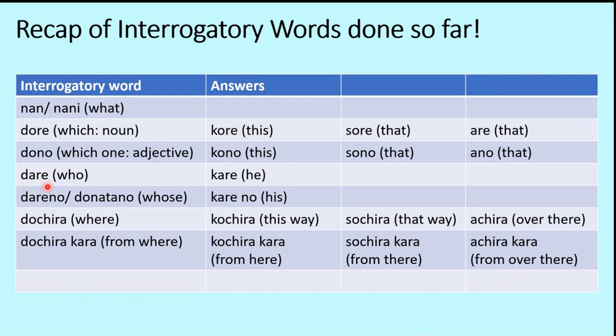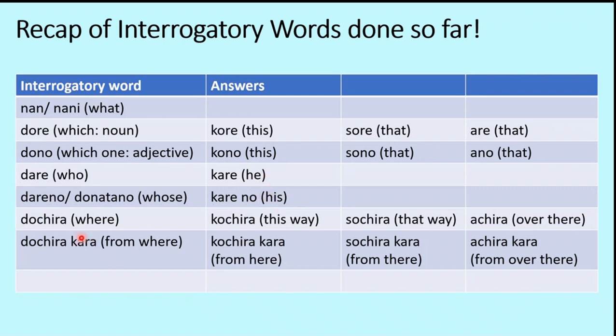Dare is used to ask who questions and one of the probable answers may be kare, which means he. Dare no or donata no means whose, and the answer will be kare no in a similar fashion, and he becomes his.